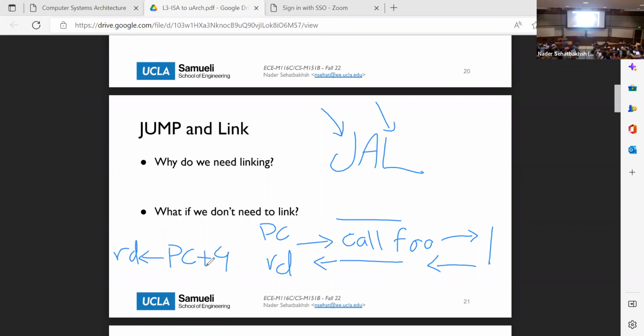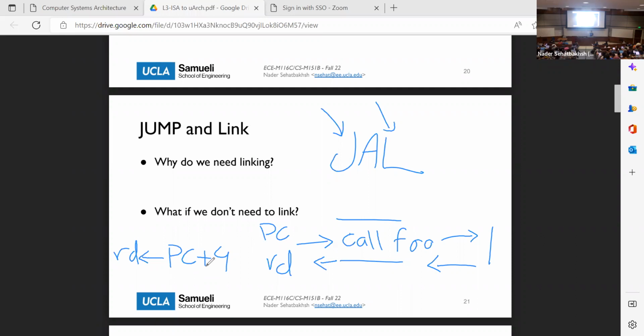Because once we get to the return part, the return is nothing but another jump, and it jumps back to wherever we called from. We don't save PC itself to RD, because if we jump back to the call, we'd have to do the call again. It would be an infinite loop of calling and returning. What we do is save PC plus 4, the next instruction after that call, into our linking part. That means that whenever we are done and execute the return, which is another jump, we're going to jump back to where we were before.